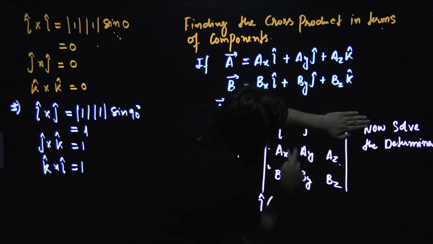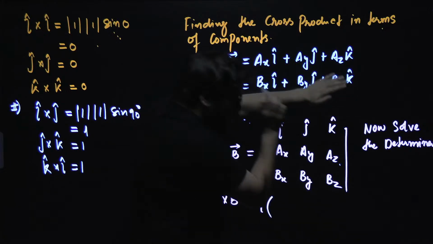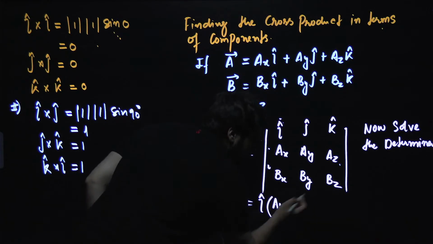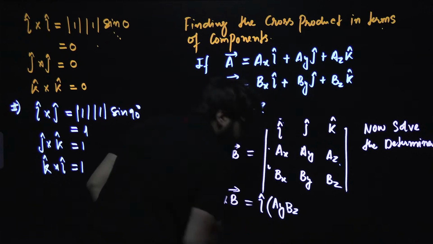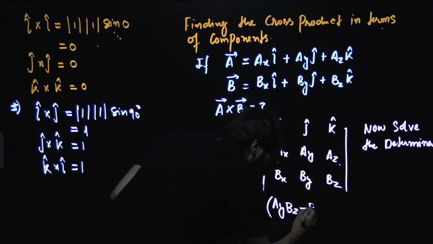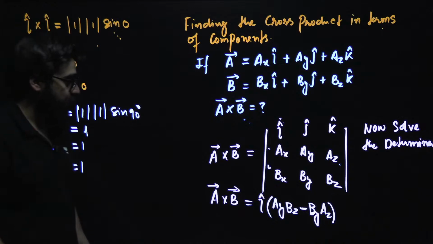What remains over here? AY, AZ, BY, BZ. Now do their cross multiplication. So that will be AY into BZ, then minus BY into AZ.